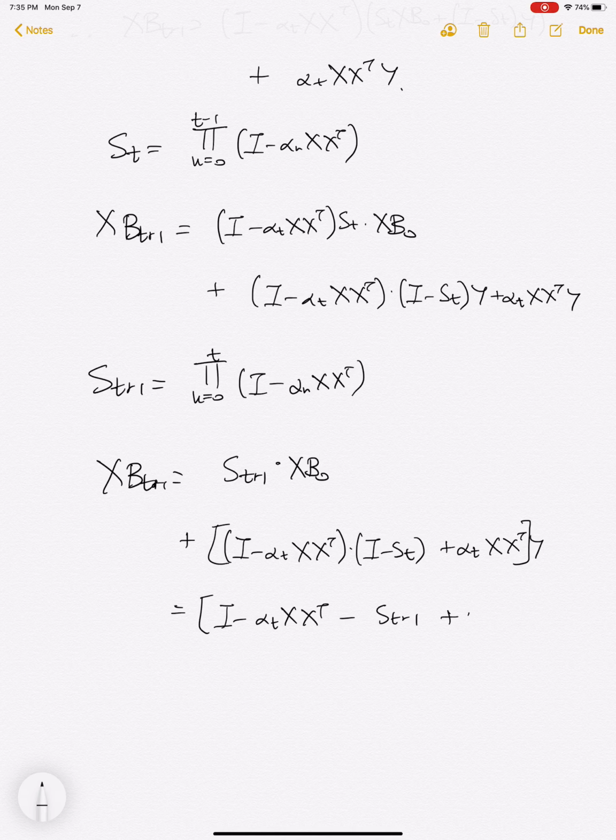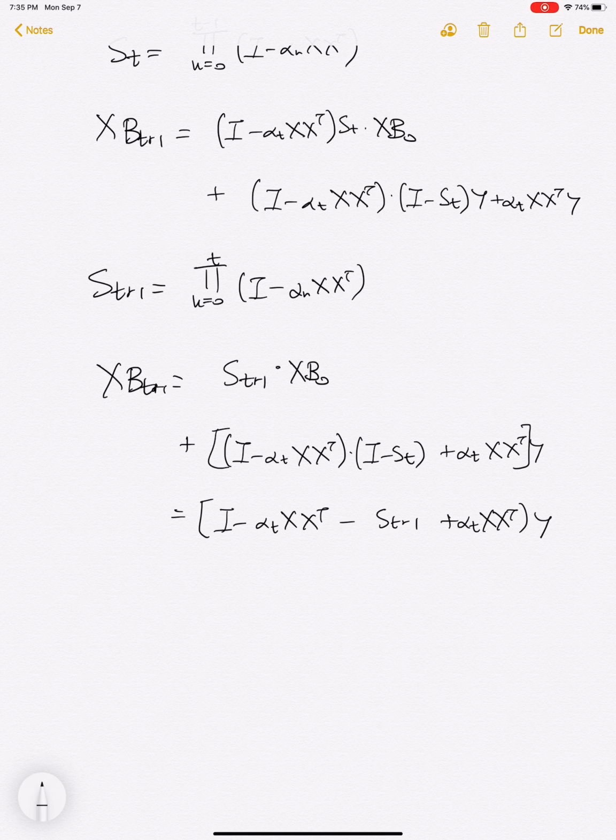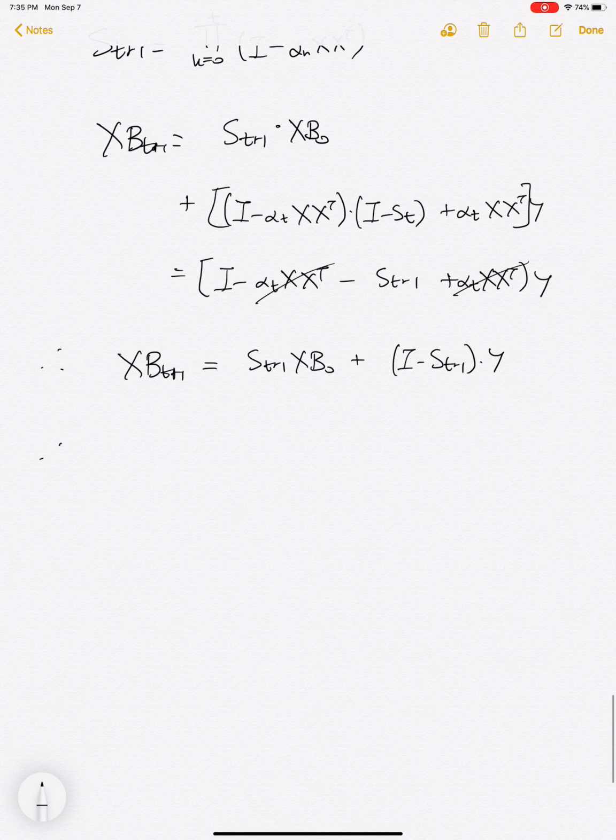And so you can see that the alpha_t X X transpose cancel out, and so therefore we have that the proof is complete.